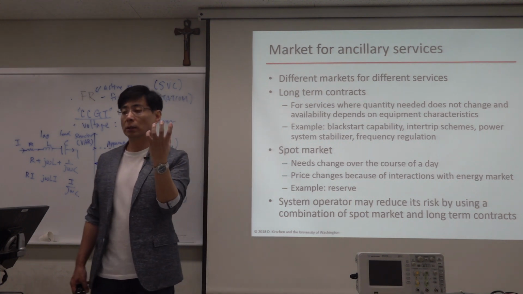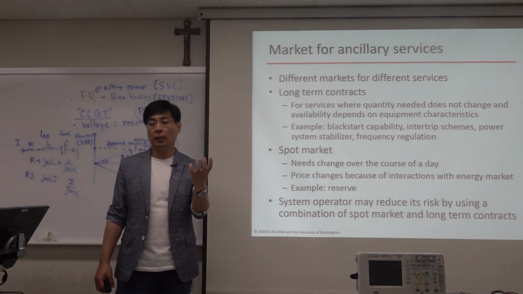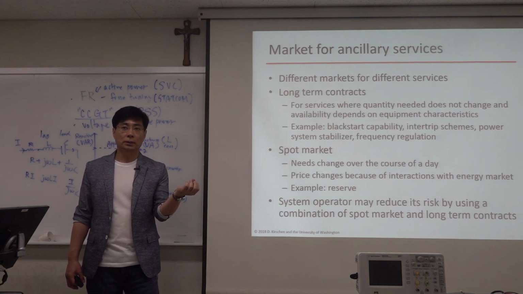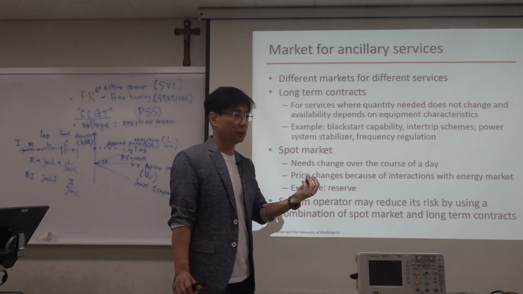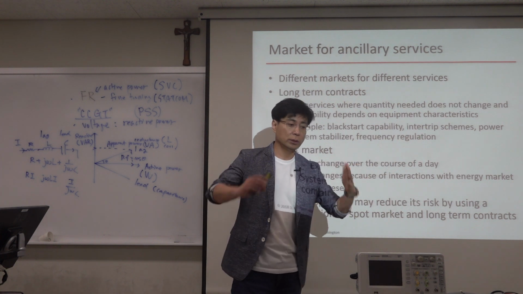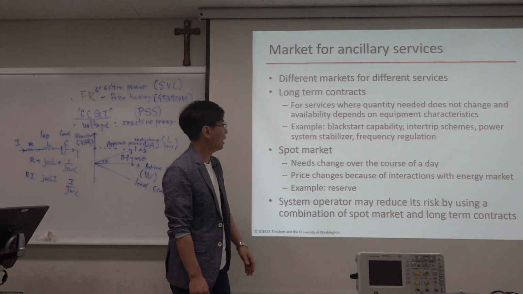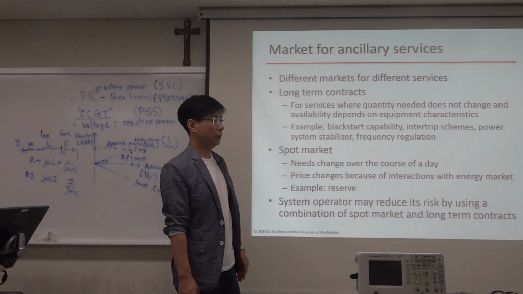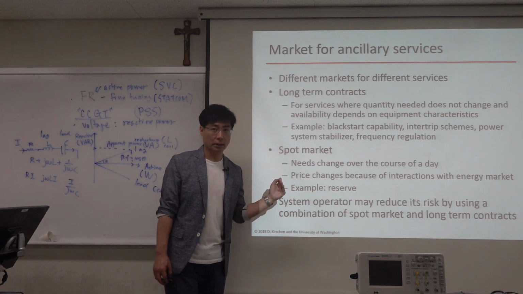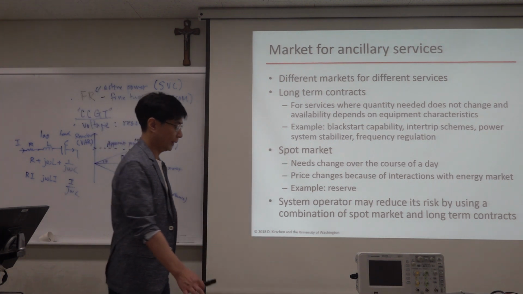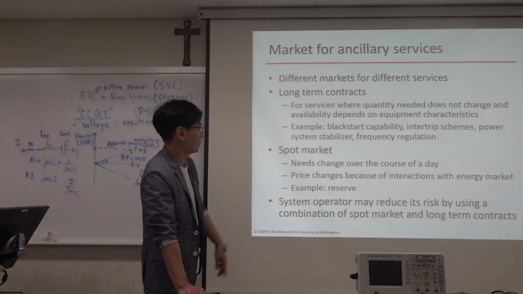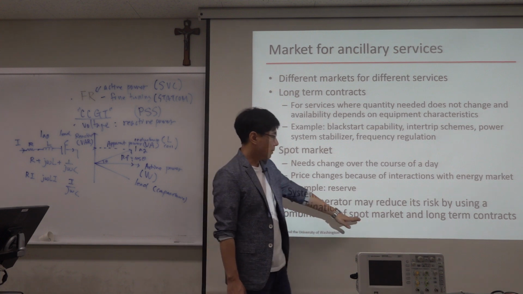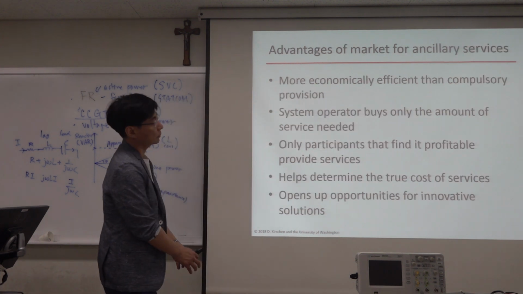The required contingency reserve highly depends on the status of renewable generation, right? It depends on the weather conditions, so it changes over time. It changes every day, right? So we cannot have that kind of ancillary service in a long-term contract. It would be better to buy that in the spot market. We will see some example of that shortly. So the system operator may reduce its risk by using a combination of spot market and long-term contracts, obviously.